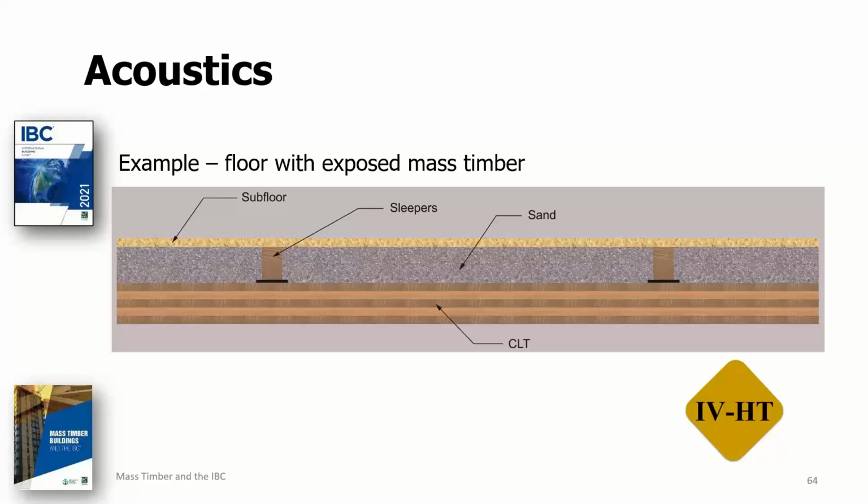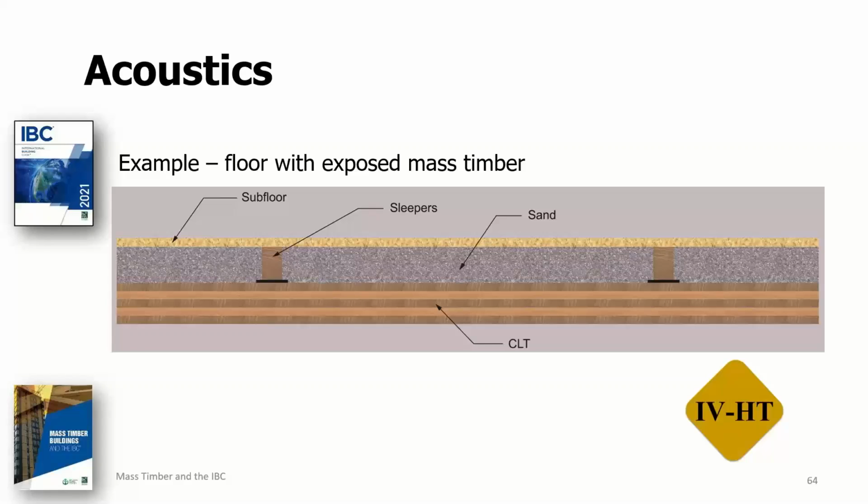A common way to improve acoustical performance of mass timber floor ceiling assemblies is to add a poured concrete or gypsum concrete topping layer on top of it. These cast-in-place toppings are usually in the range of 1 to 3 inches thick, and they serve to increase the mass of the assembly, thereby reducing sound transmission. Then also, decouplers are products that replace rigid connections with flexible connections along a sound transmission path from one side of an assembly to the other.